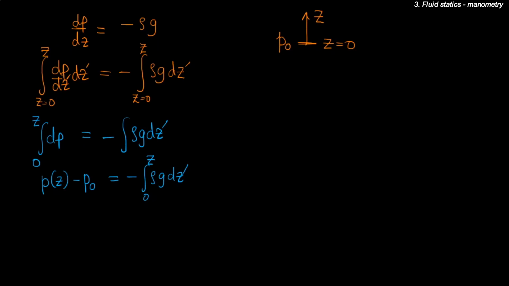Now we cannot directly integrate this because we do not know whether rho and g are varying with z or not. So as a first assumption, assume that rho and g are constant.